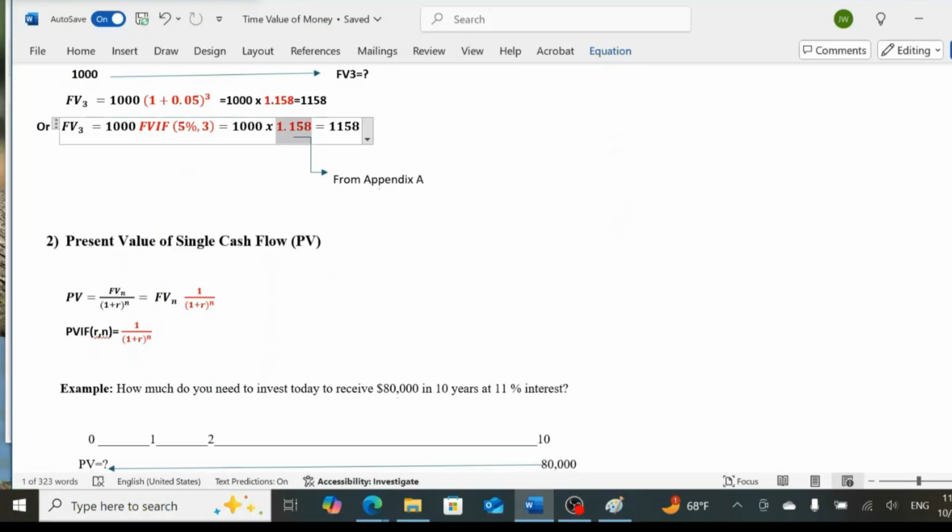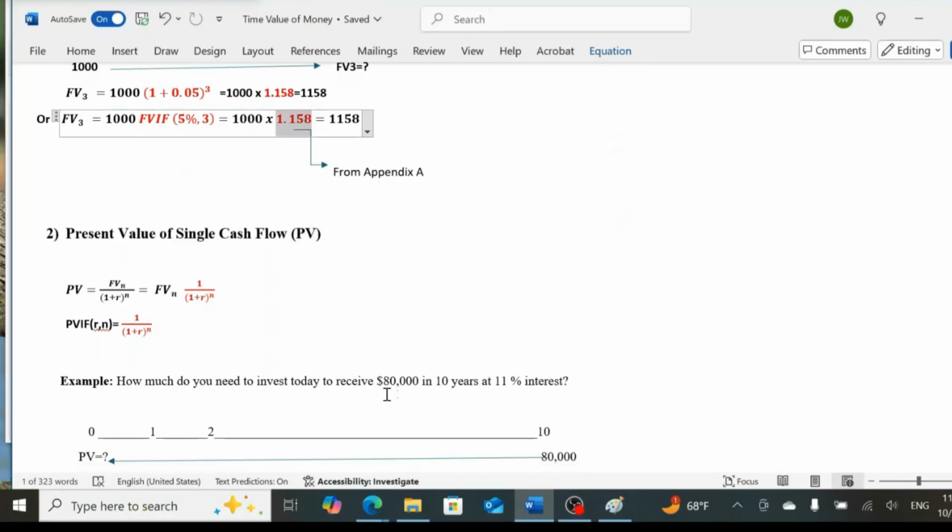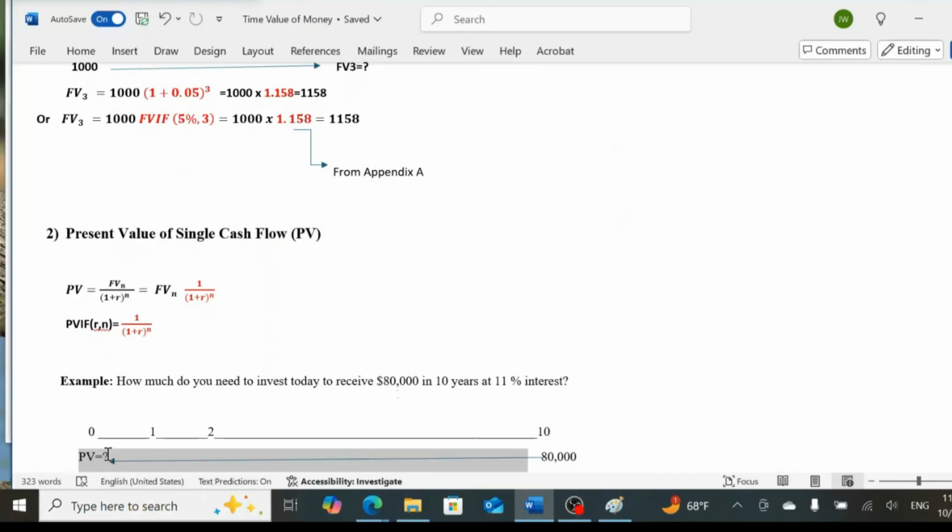For example, you need $80,000 in 10 years. You need to decide how much to set aside today so it will grow to $80,000.